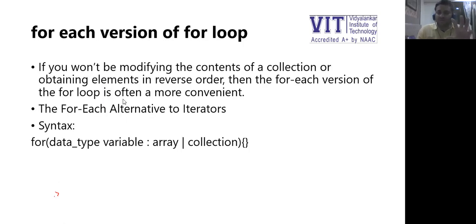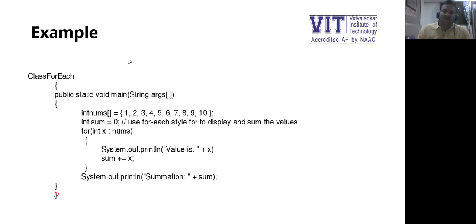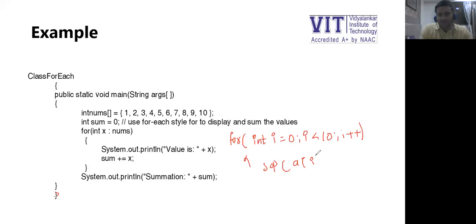Now this is a special type of for loop we have already seen in case of break and continue. If I'm supposed to write a corresponding for loop for it, then it would have been something like this: for int i equal to 0, i less than, let's say 10 here, i plus plus, and I could have printed using SOP nums of i, and then sum is sum plus nums of i. Here the array name is nums.